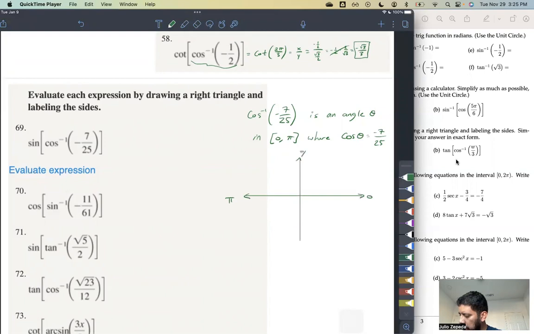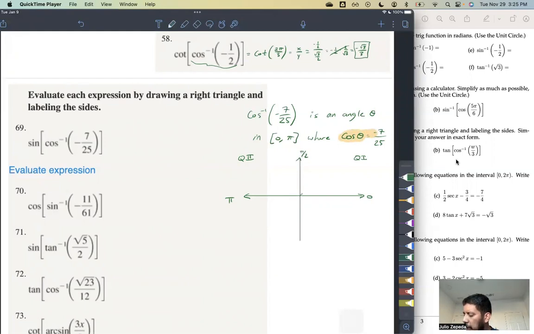Right now, 0, pi over 2. And so remember, we're restricted to quadrants 1 and 2. And so in which of these two quadrants would cosine be negative? Notice the cosine of theta is negative 7 over 25.